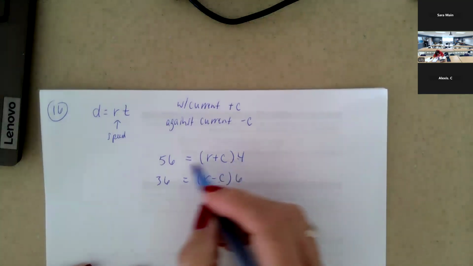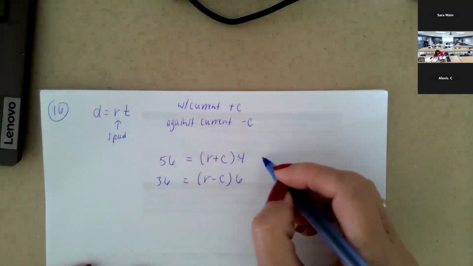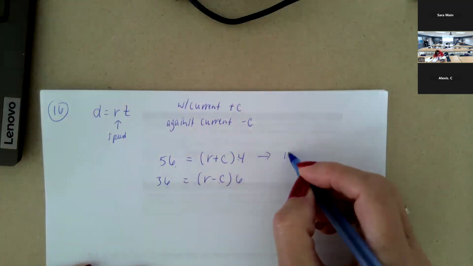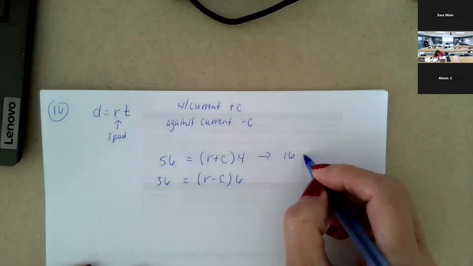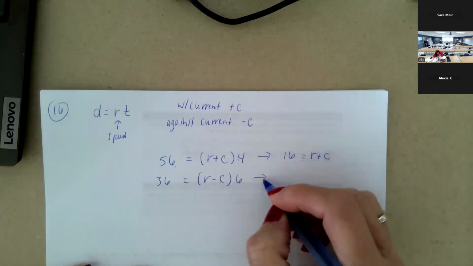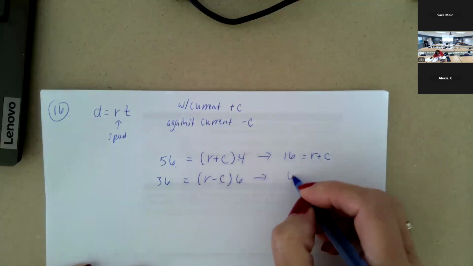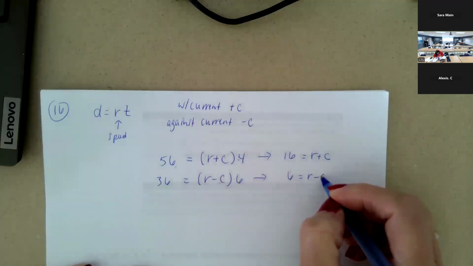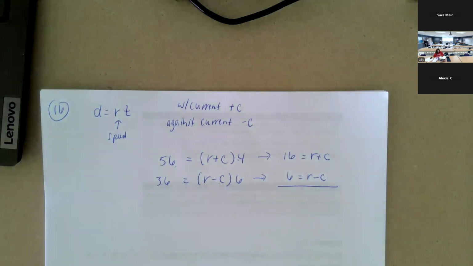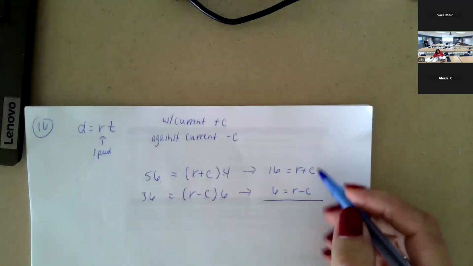So if we divide both sides by 4, the first equation is 16 equals R plus C. And if we divide row 2 by 6, we get 6 equals R minus C. And the cool thing is the C's add to 0 already.